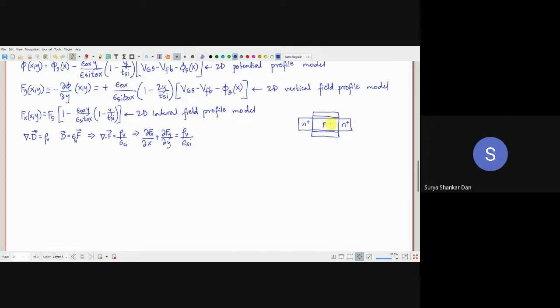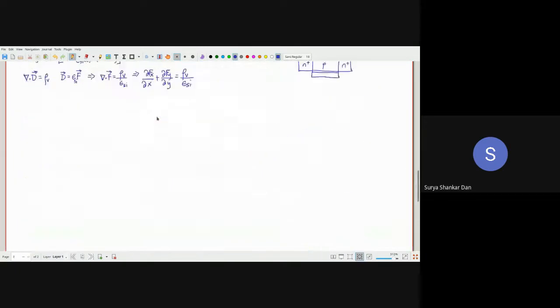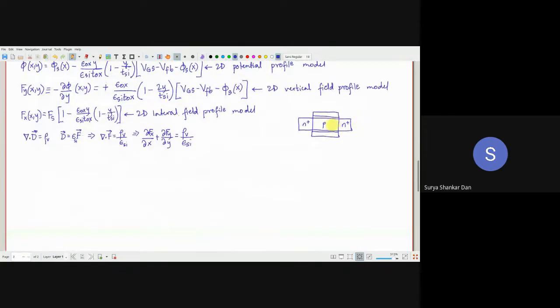I'll not draw it here. This TSI is much less compared to the WDM, correct? So that makes it FDSOI. If this is an FDSOI device, your NA, the doping over here, is going to be very small. How small? We are going to look into it.